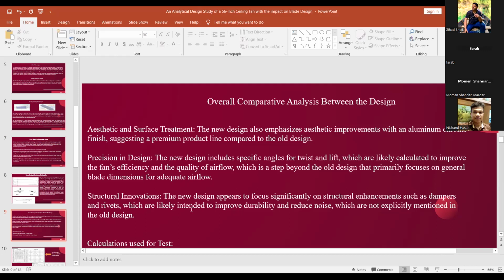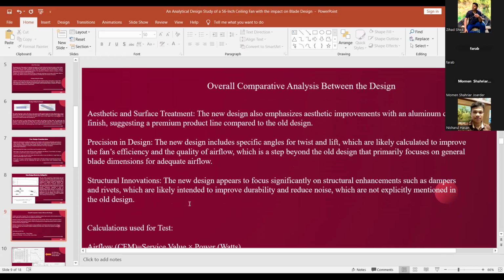The third one is that the new design appears to focus significantly on structural advancement, with the dampers and the reverse, which are likely intended to improve durability and reduce noise, which are not explicitly mentioned in our old design.